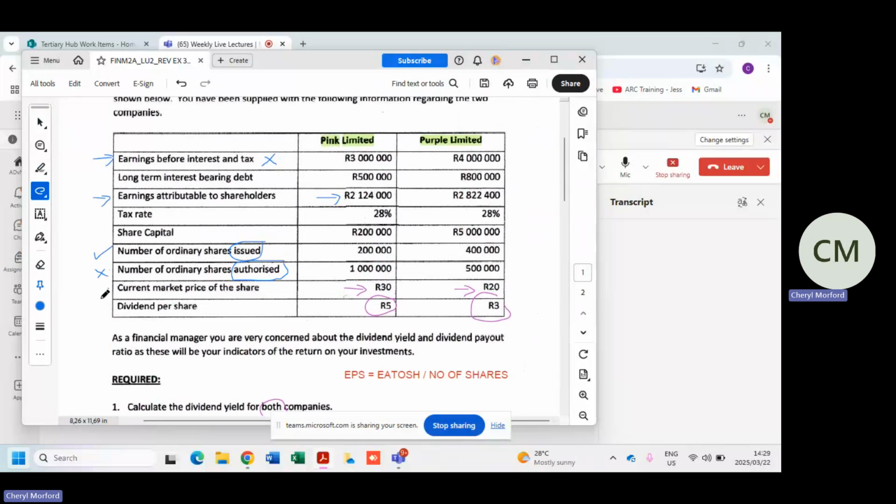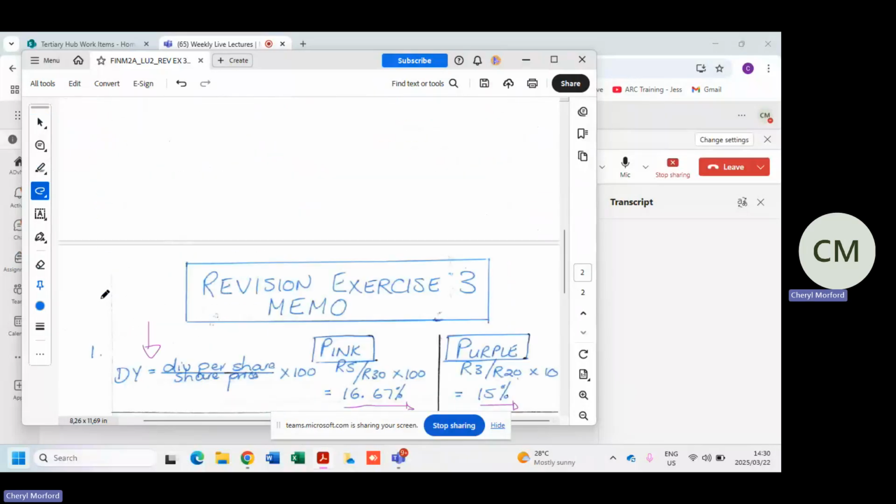A company is authorized to issue up to a maximum number of shares. Whether it chooses to issue them all at once or not doesn't matter. But if the share is not being issued, obviously it can't partake in the profits. So we're going to take the earnings of the 2,124 million, and we're going to divide by the 200,000 shares. And remember that we need to do that first before we can actually work out the dividend payout.